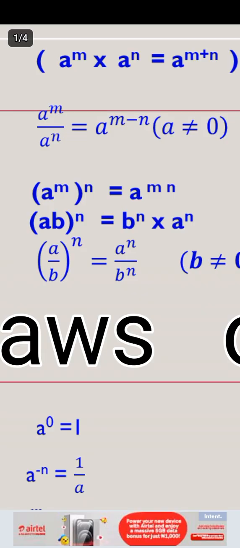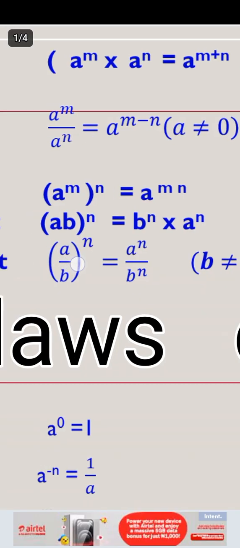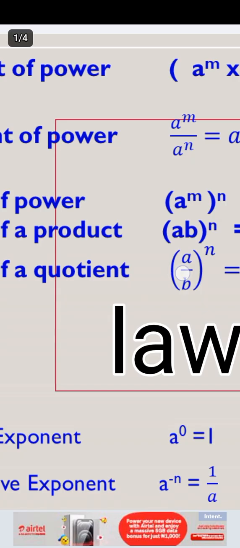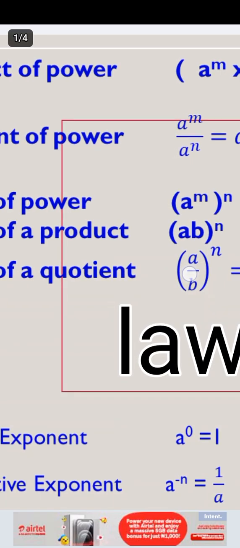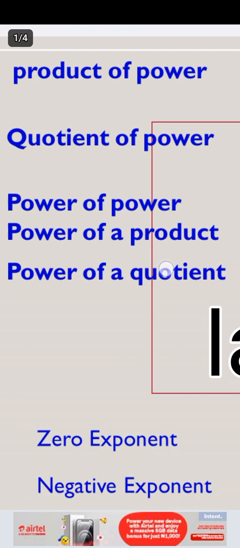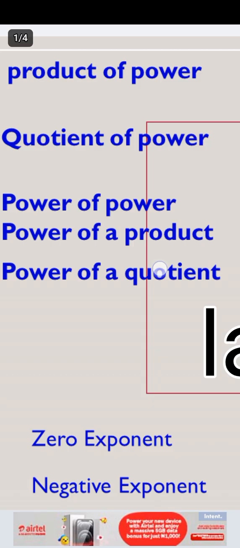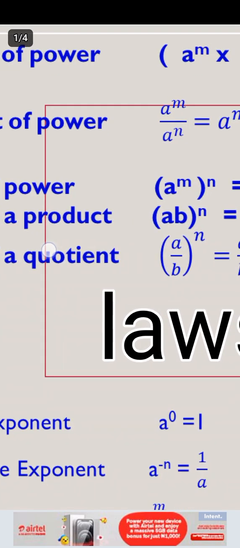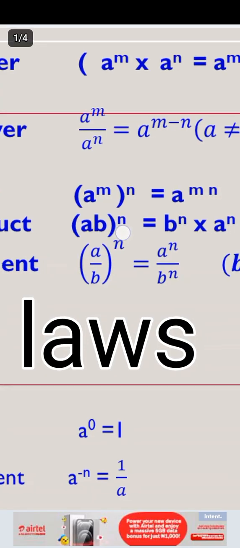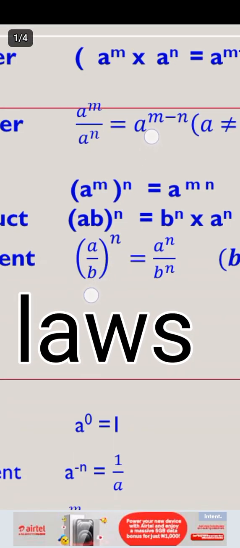Now the next thing we are going to look at is the law of brackets. The laws of brackets are the power of power and the power of a product. The power of power is talking about when a power is raised to another power.